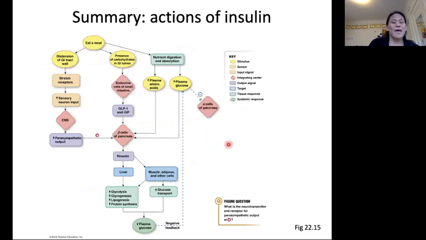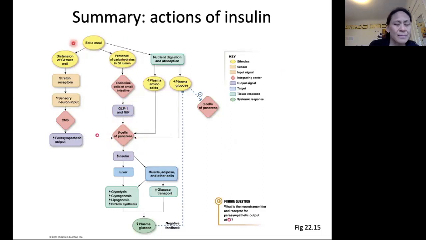Okay, so that basically covers our actions of insulin. I just want to close with this slide, which summarizes the actions of insulin. I want to remind you that insulin is made by the beta cells of the pancreas. Okay, the beta cells of the pancreas are going to be stimulated to secrete insulin by a few different stimuli.